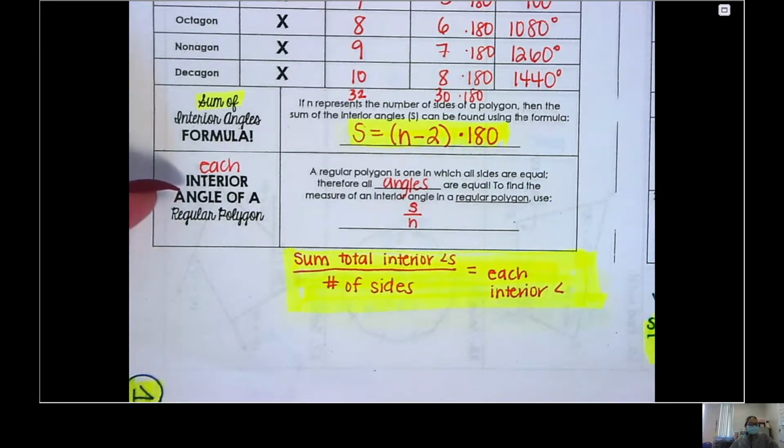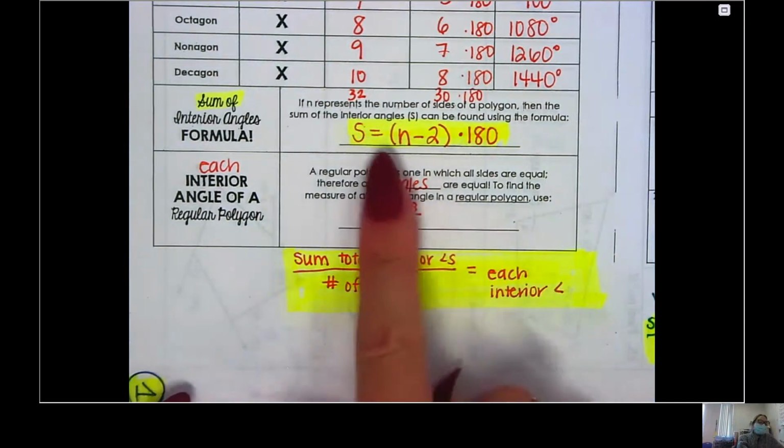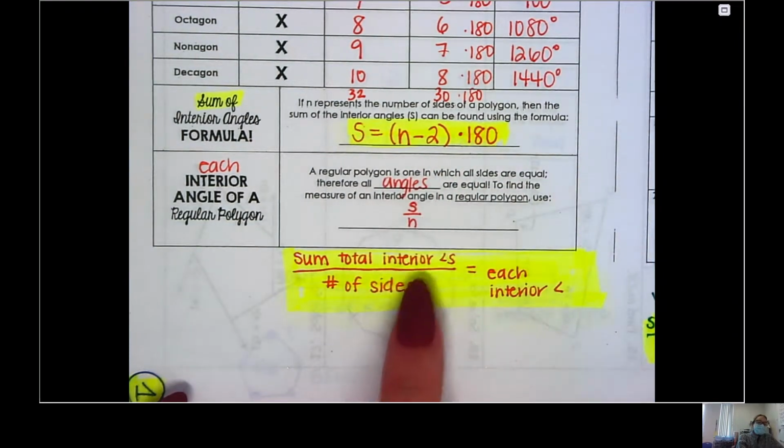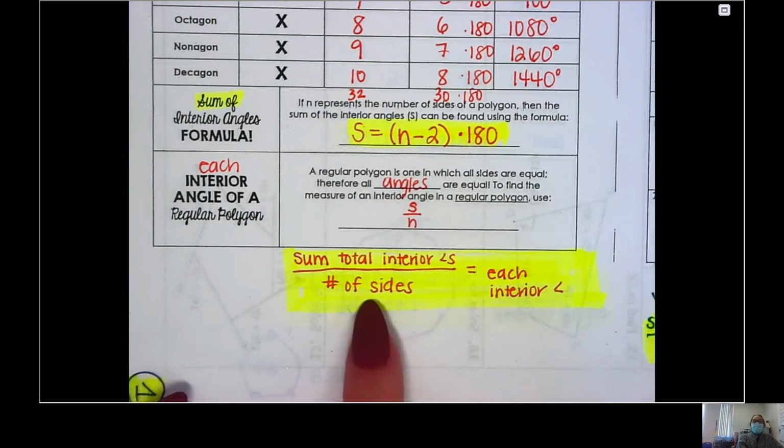The second really important equation was to figure out each individual interior angle. And to do that, we took this equation, the total sum, and we divided it by the number of sides. That gave me each individual interior angle.